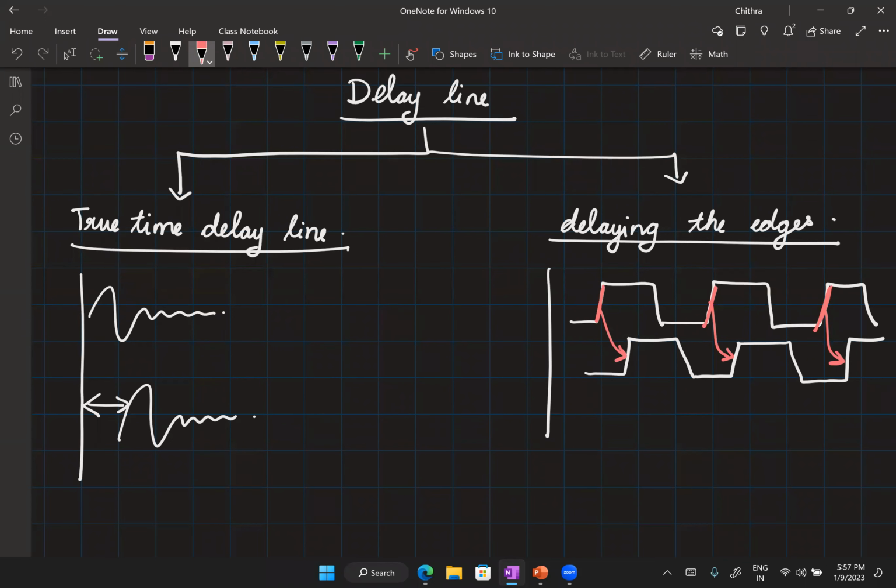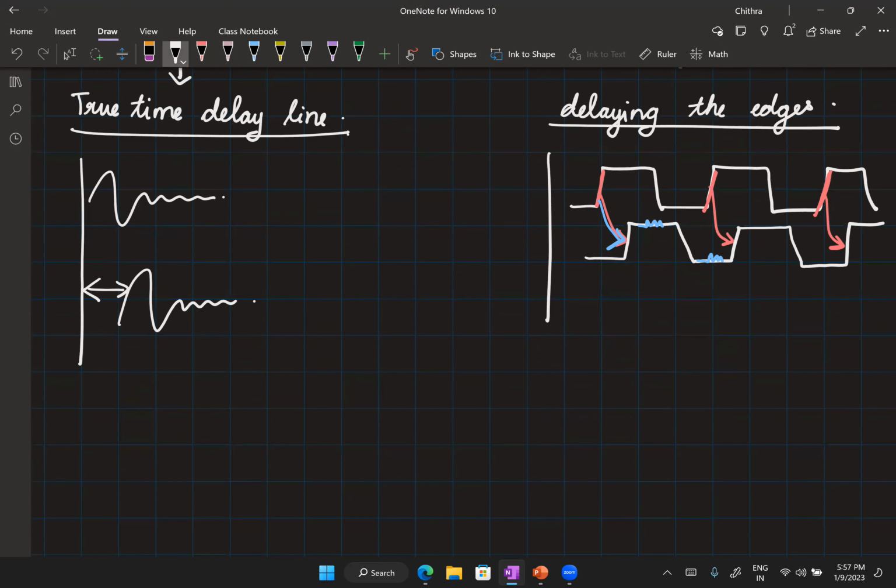Now, these systems are usually immune to noise, even if the noise gets introduced in the stable high and low regions. So we don't want any noise introduced in this process, but if some noise gets introduced in the high or low regions, it usually doesn't affect the system performance. So this is a much more lenient delay line if you think about it. So a true time delay line is implemented using transmission lines.